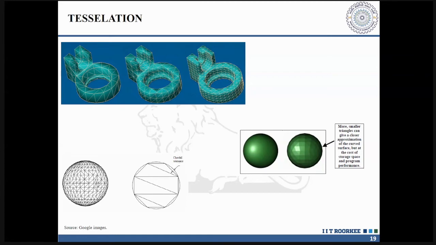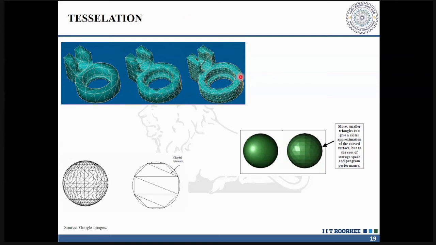Now see what has happened here. In this mechanical object, you can see that the triangles were very coarse. The triangles were very large in shape. When they were large, there was more chordal tolerance. Now I made finer triangles, and a further finer triangle.